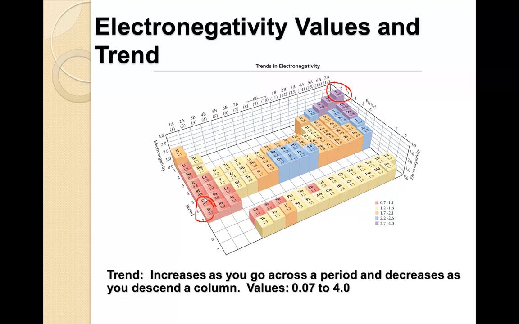That means fluorine wants an electron more than any other atom on the entire periodic table, while francium and cesium want it the least. You'll notice that the general trend, once again, isn't 100% true, because there are exceptions. The general trend is that the closer you get to fluorine, the more electronegative it is.